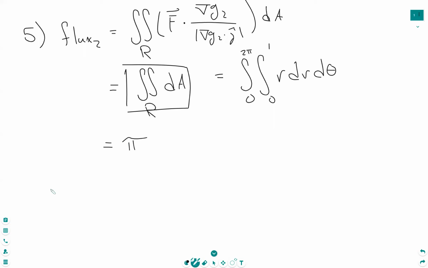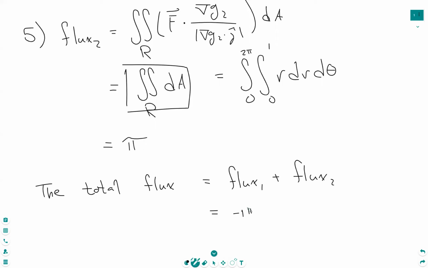So the total flux is the flux of both of these put together, which was negative pi and now pi, which means that the net flux through this object is equal to 0.